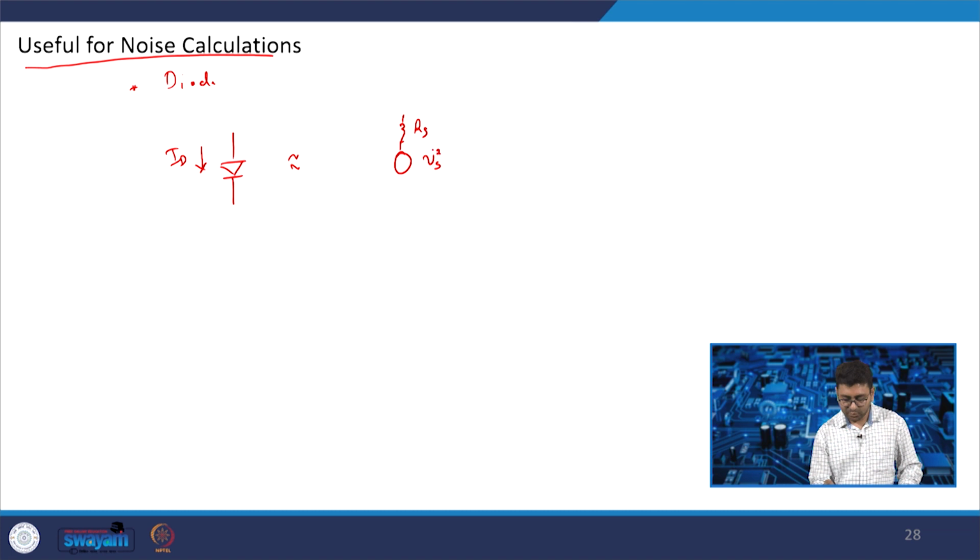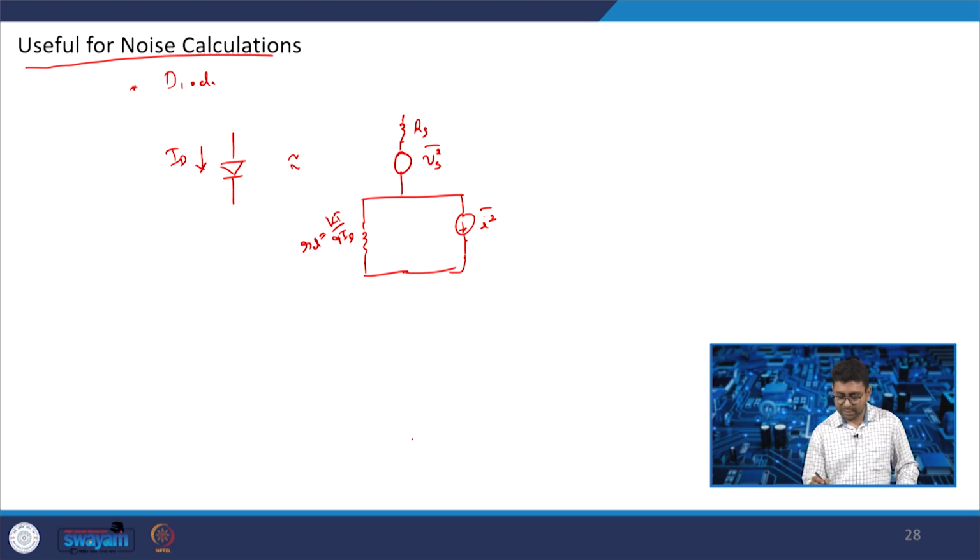Due to the series resistance there is a noise Vs square, and then there is a resistance Rd equal to kT by q into Id, and a noise current, that is the shot noise, I square.